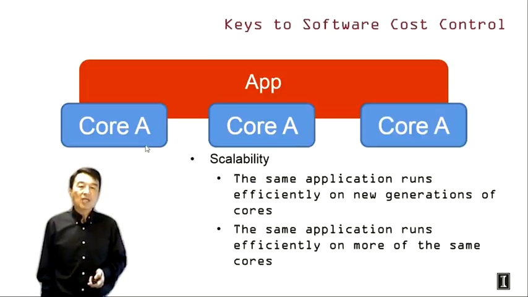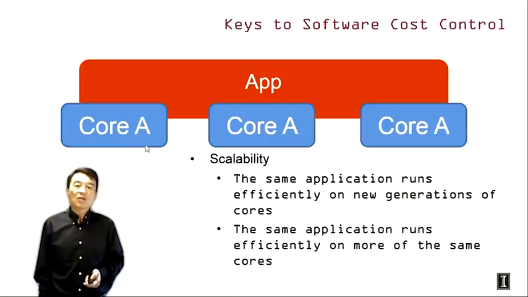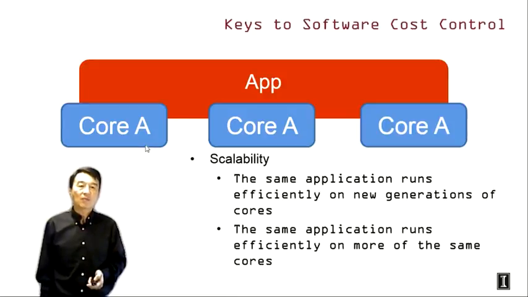In many situations, vendors would like to introduce multiple versions of hardware, each with increasingly more hardware available to the users. So if we can develop software that is scalable to run well on more of the same cores, then when vendors introduce more hardware, the users can observe increased performance from the application.